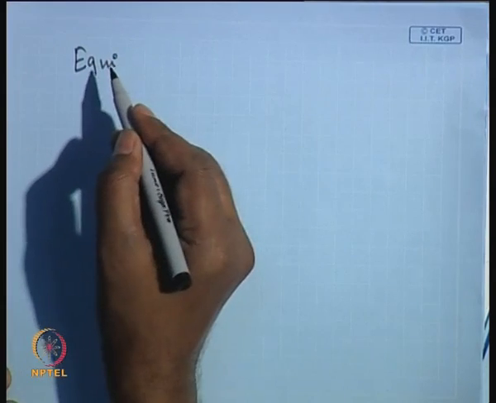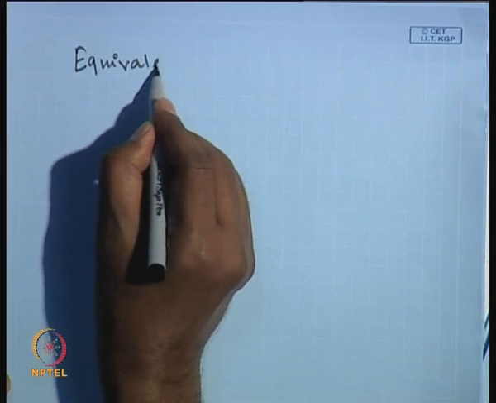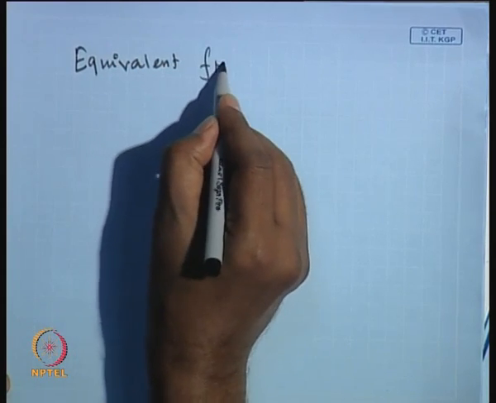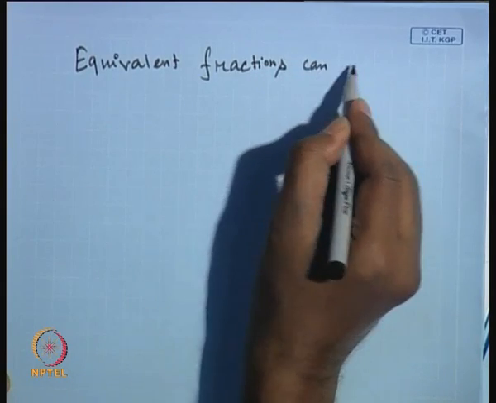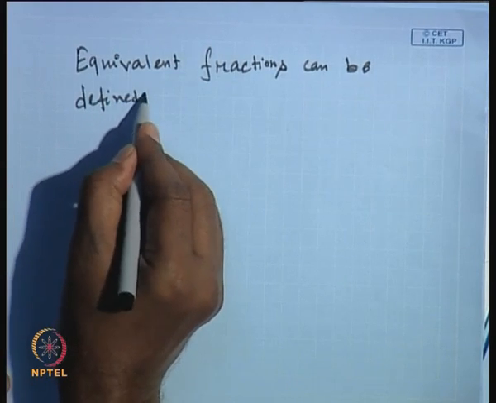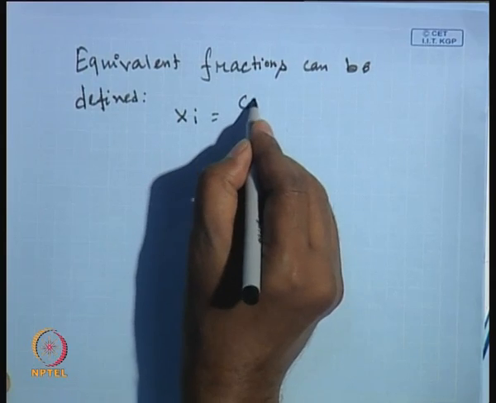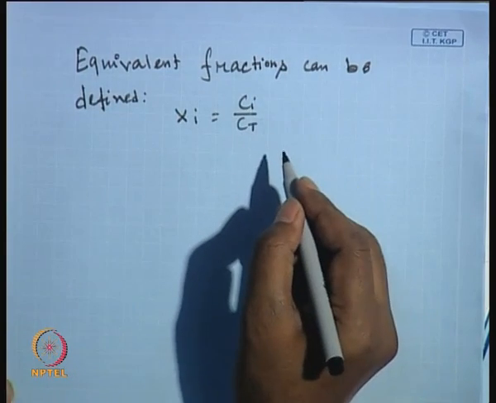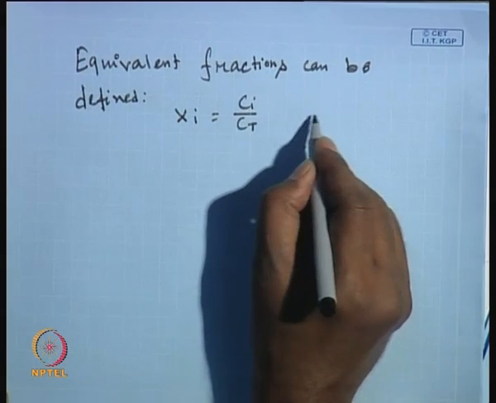So, the equivalent fractions, because the concentrations are now expressed in equivalent per meter cube. So, equivalent fractions can be defined, and these are x I is equal to C I by C T. There is a mole fraction of component I in the liquid phase. So, this is in the solution phase.